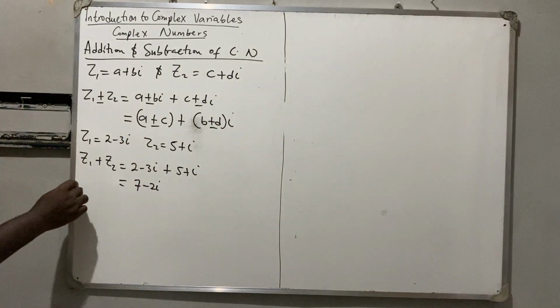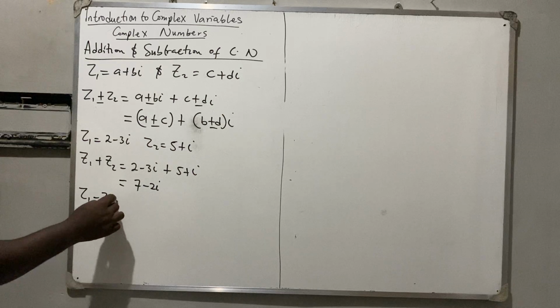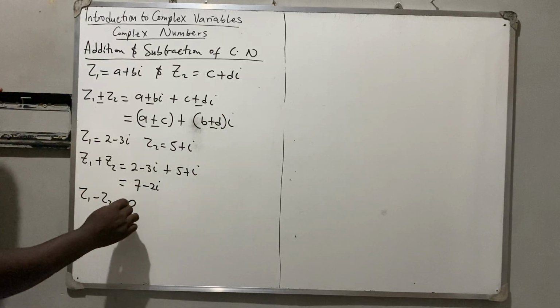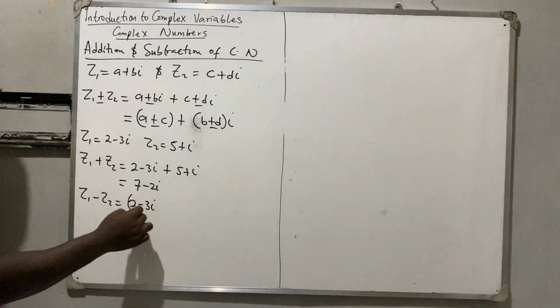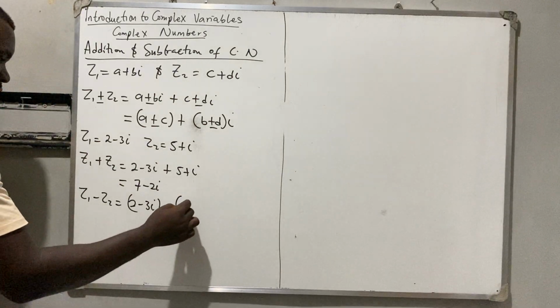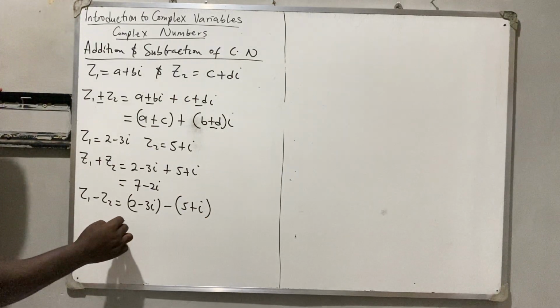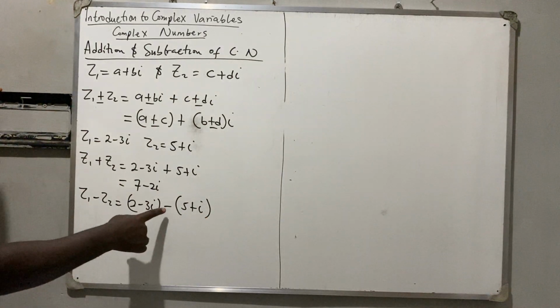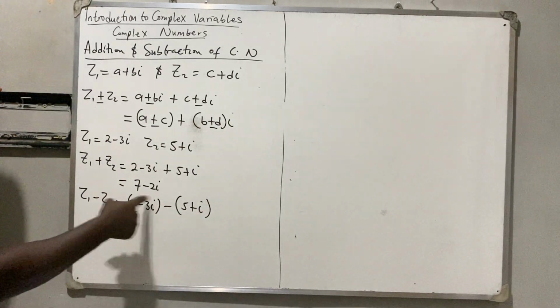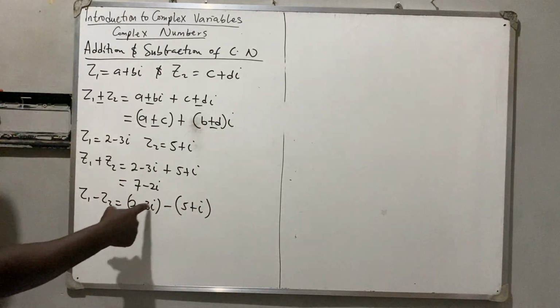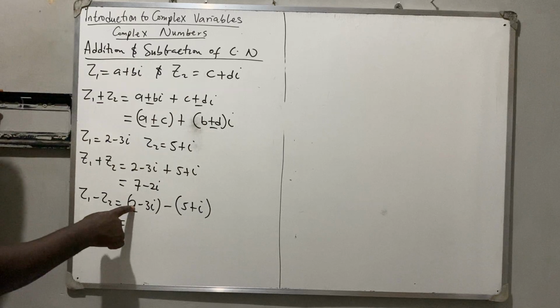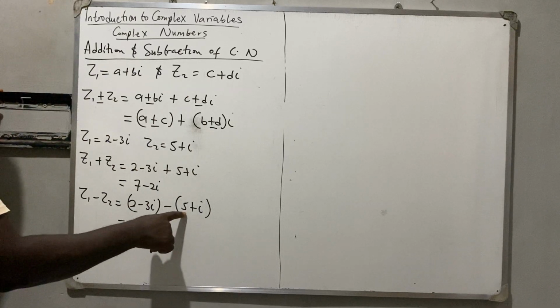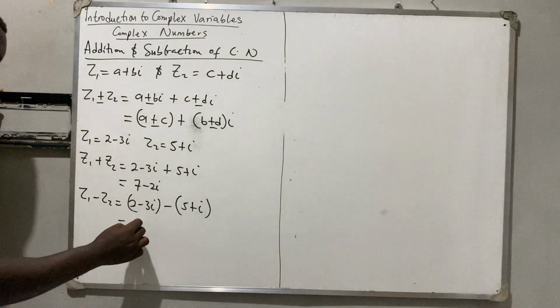So now let us get Z1 minus Z2 in subtraction. So we have 2 minus 3i subtracting 5 plus i. The same thing is applicable. It's either you open the bracket here and do your normal arithmetic, or you take it one after the other. You can say 2 that does not have i minus 5 that does not have i will give you minus 3.